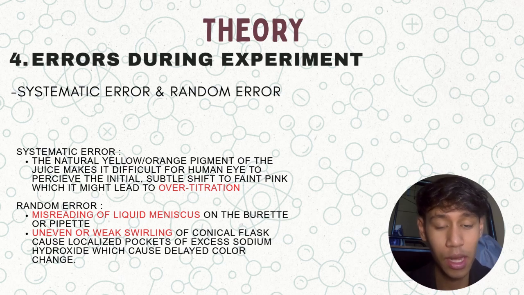The random error is most likely the misreading of the liquid meniscus of the burette or pipette, and also uneven or weak swirling of the conical flask, which might cause localized pockets of excess sodium hydroxide, causing a delayed color change.